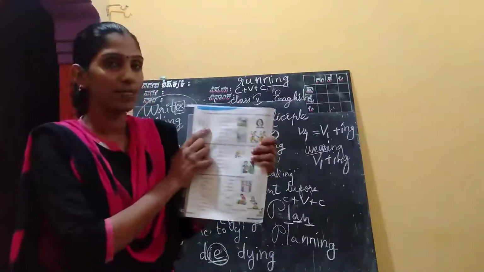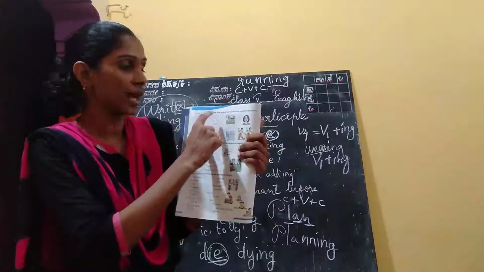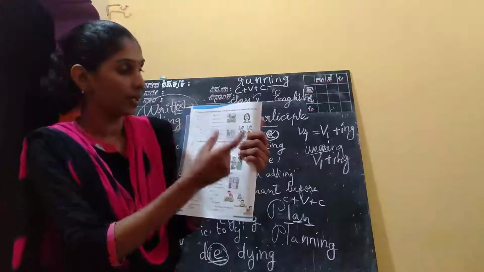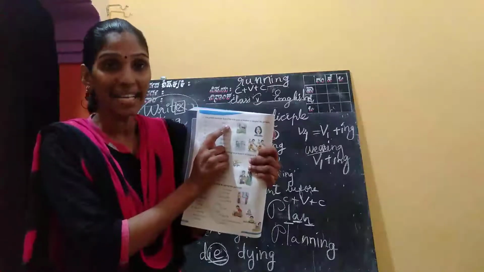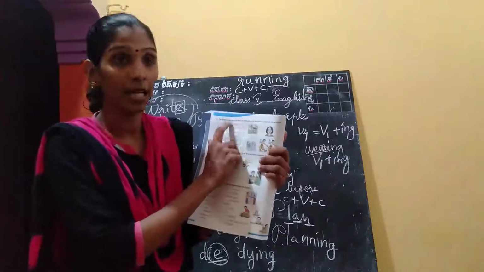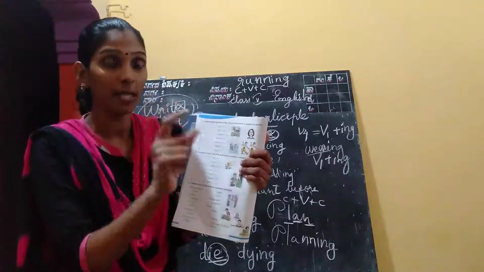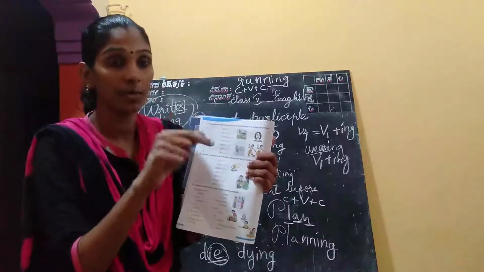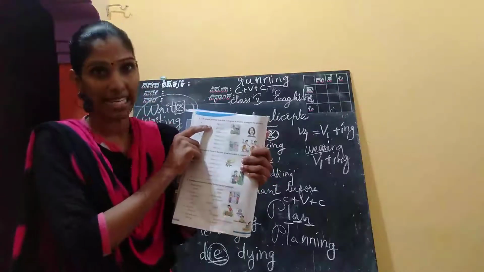To complete these phrases, you have to write the present participle form of the word given in the bracket. For example, here bark is given. In the bracket, they have given bark. You have to write the present participle, it means V4, there. Bark. What is there? Barking.